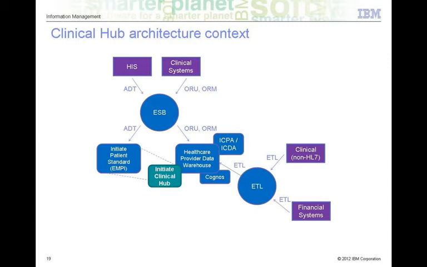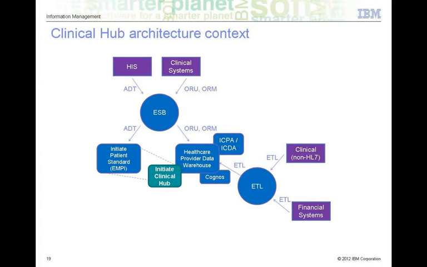And the last architectural diagram is how does this fit into the larger system? And so this, again, the clinical hub is really tied closely to the EMPI, and it's getting information from the service bus, getting clinical information, ORUs, ORMs, et cetera. Now, that can also be fed into a data warehouse and then combined with other information.